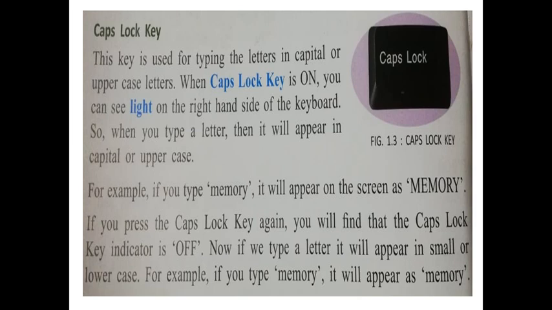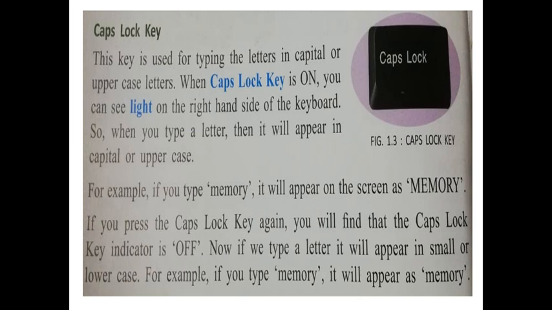For example, if you type memory, it will appear on the screen in capitals because you already pressed the caps lock. Okay, if you press the caps lock key again, you will find the caps lock indicator is off, meaning that light is off.